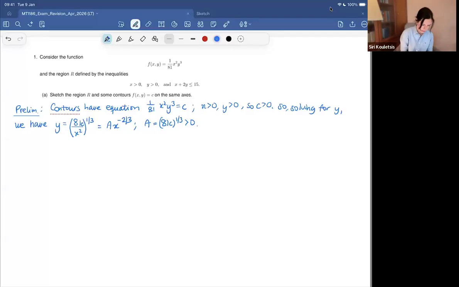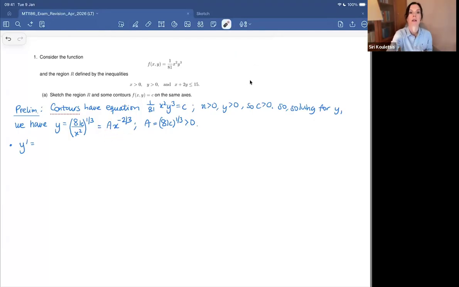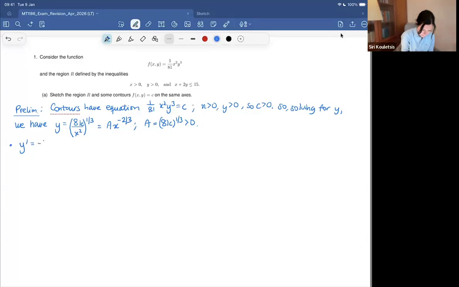And now let me look at the first derivative in order to determine whether y is increasing or decreasing. So differentiating y equals a x to the minus 2/3, where a is some positive number, as we said. Well, we have the power comes down, and the power is reduced by 1.